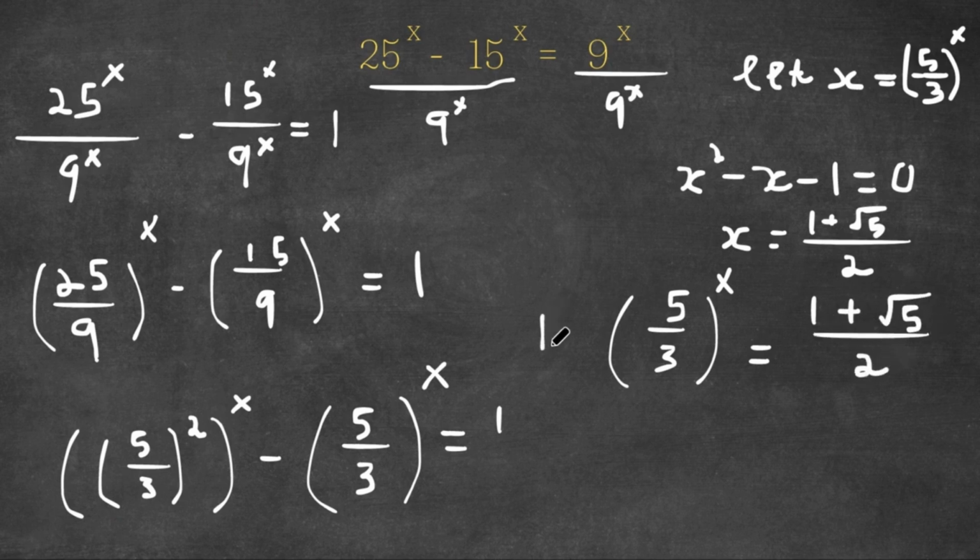Now I'm going to take the ln of both sides. So now, because I took the ln, I can actually move this x to the front. So now we have x ln of 5 over 3 equals ln of 1 plus the square root of 5 over 2.